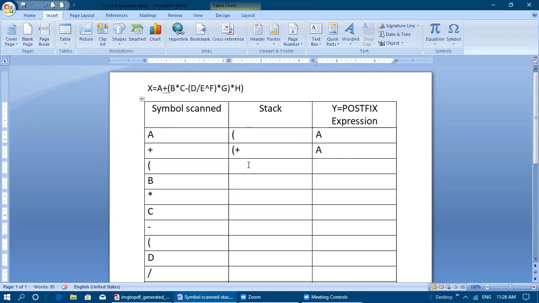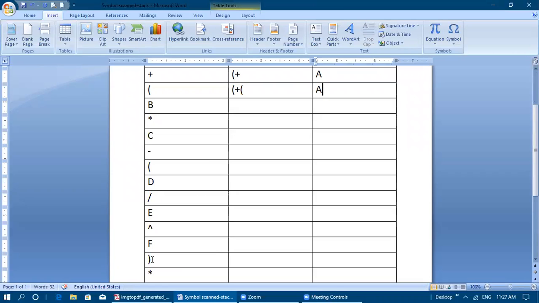Now again an opening parenthesis, that is a left parenthesis, is encountered. Whenever a left parenthesis is encountered, that should be pushed onto the stack. When a right parenthesis is encountered, you need to pop all the elements from the top of the stack until the left parenthesis is encountered.